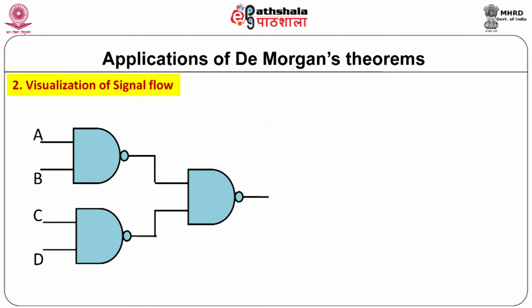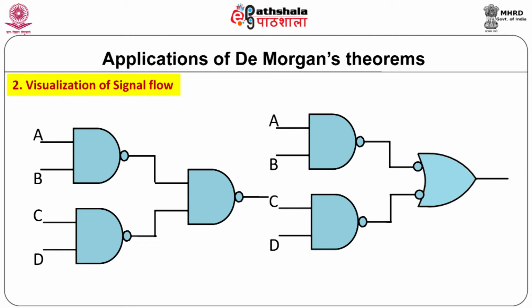So, thus in the first diagram we have 3 NAND gates connected as shown here with 4 inputs A, B, C and D and the output is Y. But we cannot comment on the nature of output depending upon the inputs. But if we modify slightly the above diagram, the right hand side will definitely be helpful to visualize the signal flow.